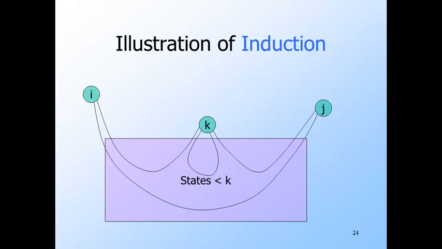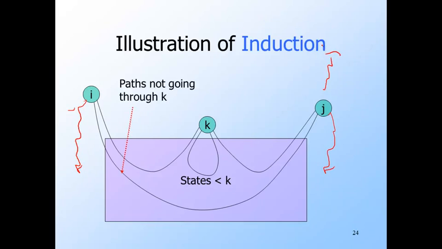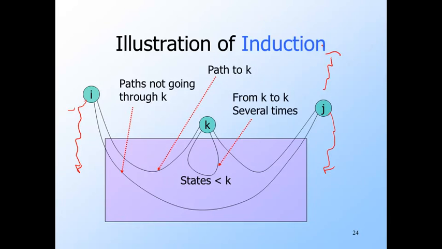Here's a picture of what a k-path looks like, with the vertical axis representing the state number. We've shown i and j above k, although they could be at any height. That is, for example, i could be down here, so could j, or they could be higher. Doesn't matter. So one possibility is that the k-path never goes through state k, or it could go through state k for the first time, but only through lower states.